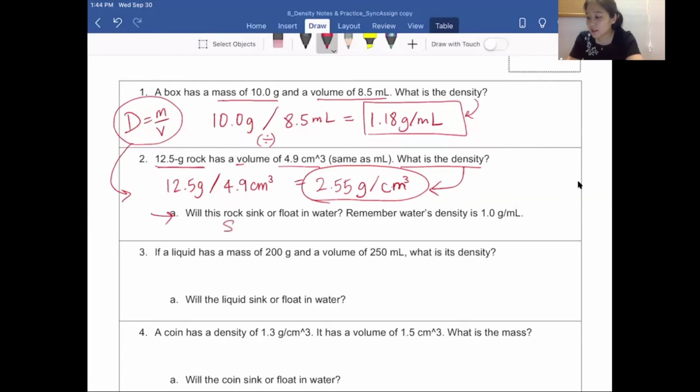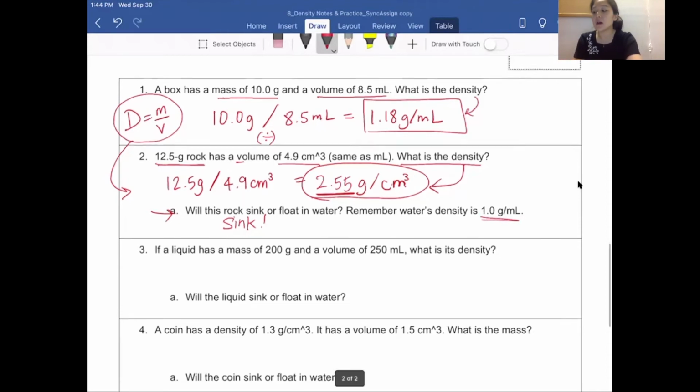So the answer is that the rock is going to sink because it has a greater density, 2.5 grams per centimeters cubed. It has a greater density than water. Okay, water has 1.0 grams per milliliter as its density.